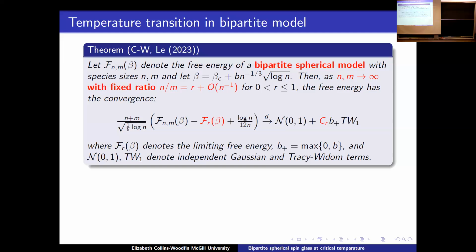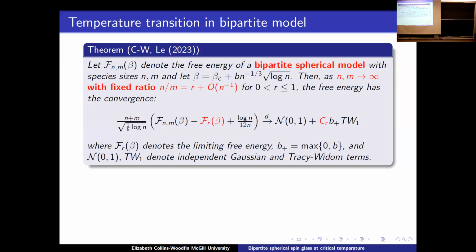So that's n over m is r plus o of n to the minus 1. Okay? And without loss of generality, we'll just assume that n is less than or equal to m. So we get r less than or equal to 1. Okay? And then we get this formula that looks quite similar to the one that you saw before.